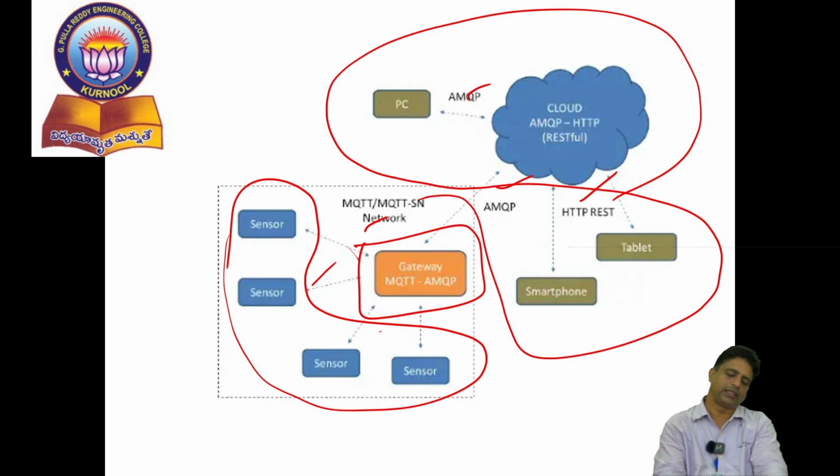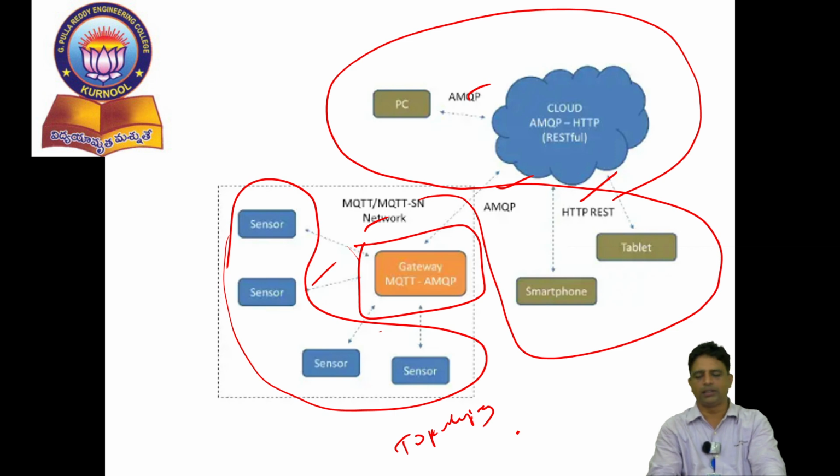Part 1 is how these sensors are connected based on topologies. Then part 2 describes how these gateways communicate with the device sensors, considered through any of the wireless technologies. Then from the gateway, how it gets connected to the cloud. These are the three parts of network communication models we are going to focus on in unit 3.